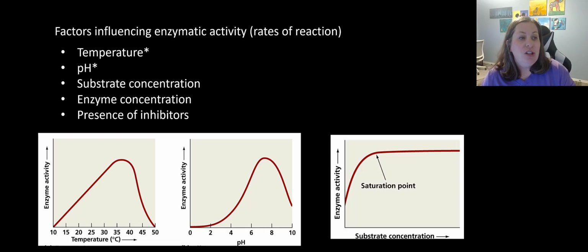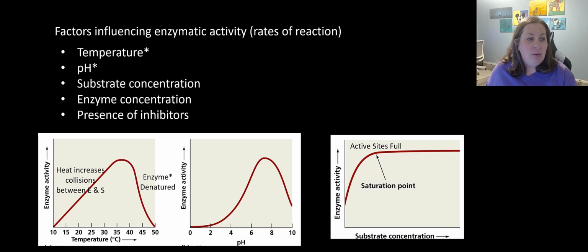So if we look here too, we also see some other factors are substrate concentration. Okay, if there's a lot of substrate present, enzymes are going to work, their rate will be faster. Enzyme concentration is another one. If you only have a few of them working, it's not going to be as fast as if you have more. And then also the presence of something called inhibitors. Inhibitors are things that are going to stop the enzyme from doing its job.